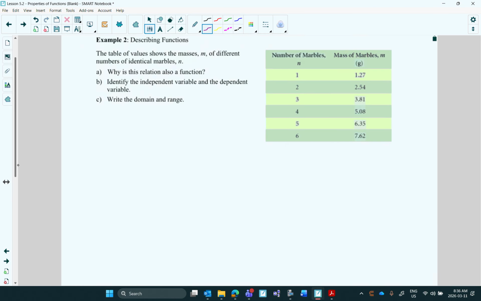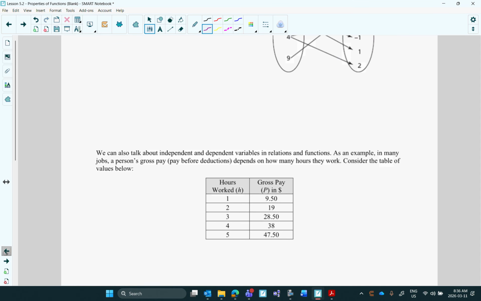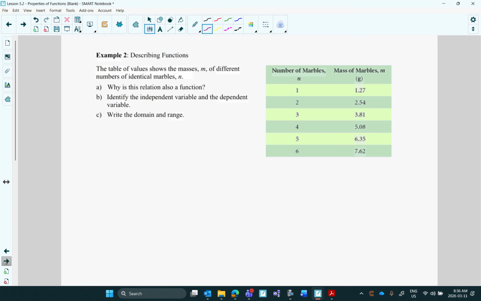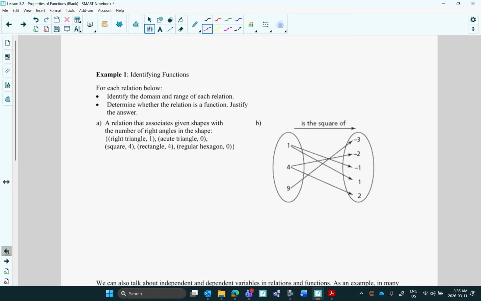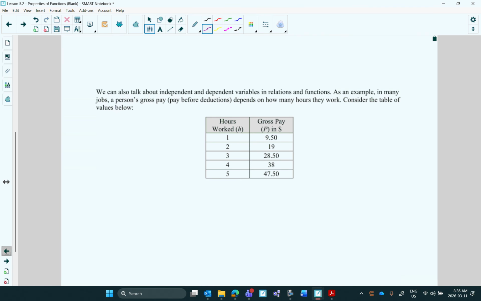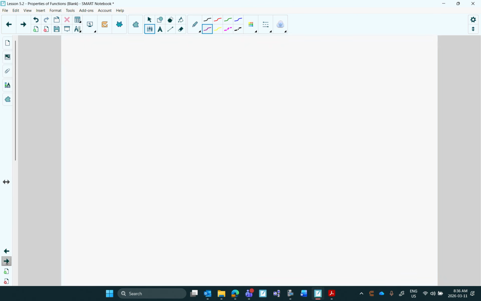If you look at the table, for 1 hour worked, they get $9.50. 2 hours worked, they get $19. 3 hours, $28.50. How much are they getting an hour? $9.50 an hour, right? So we want to make that into an equation.